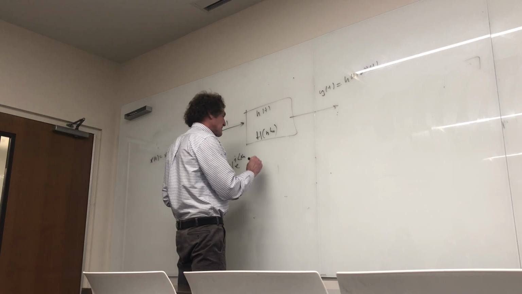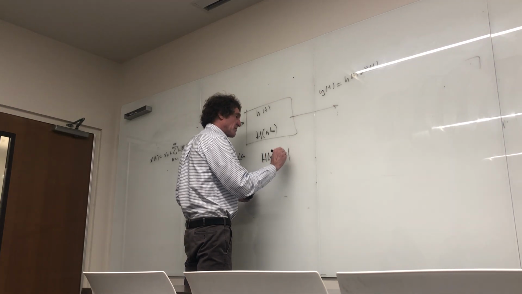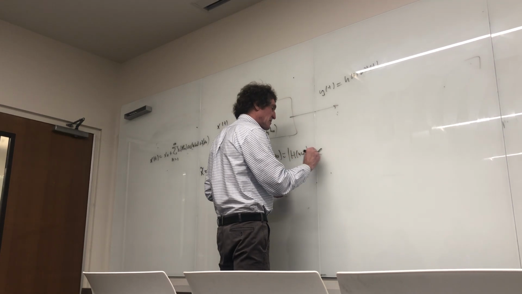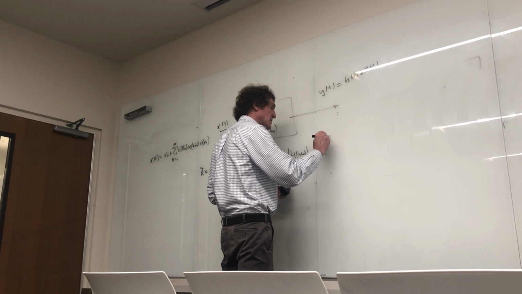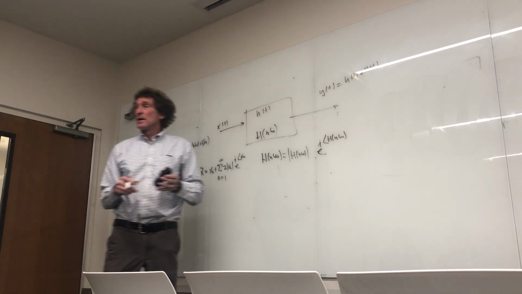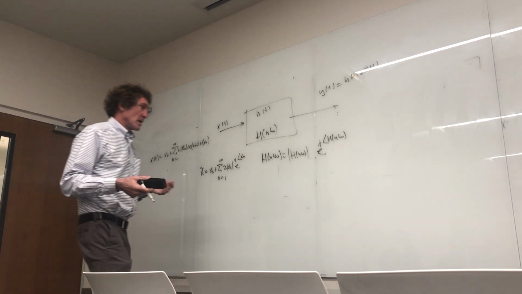So my h of n omega naught really has a magnitude of h of n omega naught, and it has a phase angle, e to the j phase angle of h of n omega naught. Do y'all agree with that? And that's true with any transfer function. A transfer function is always output value over input value, right? It's the ratio of output to input, whatever they are. That's what a transfer function always is.